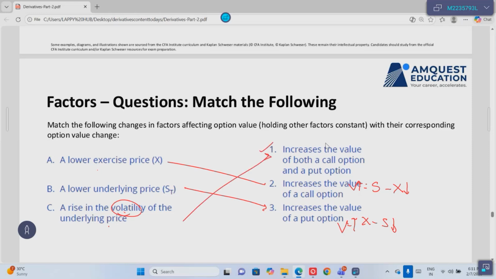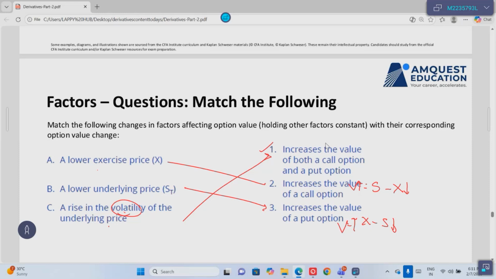Very good. And apart from volatility, there's one more thing which will increase the value. What is that? Volatility and what else? Increase the value of both. Because the price is based on two things, right?